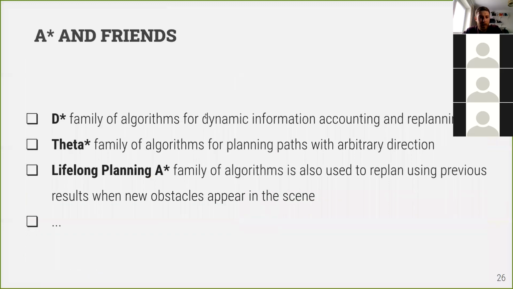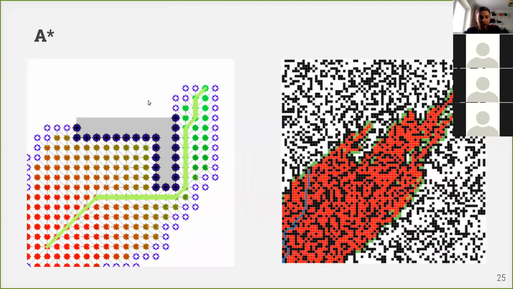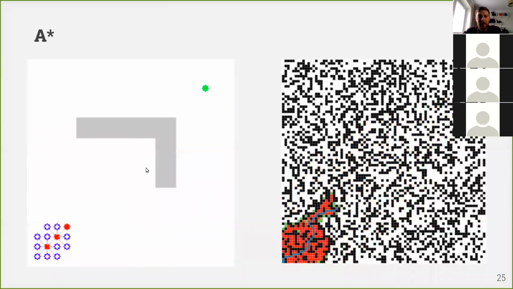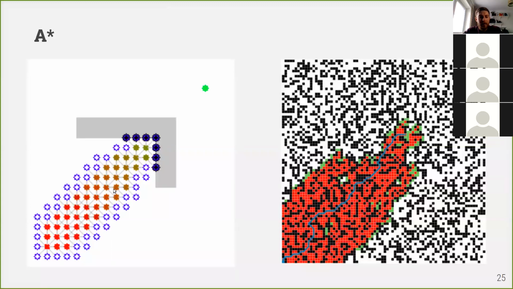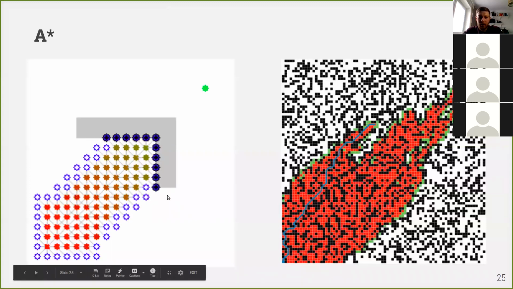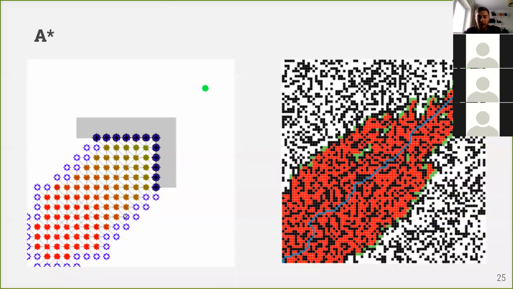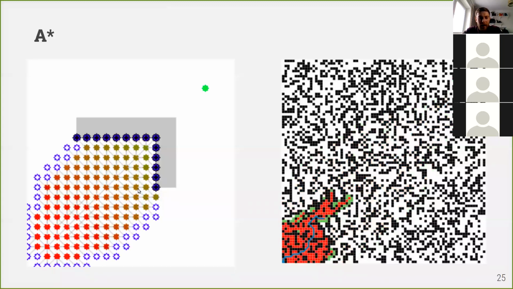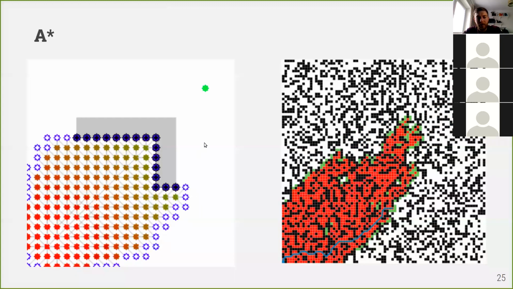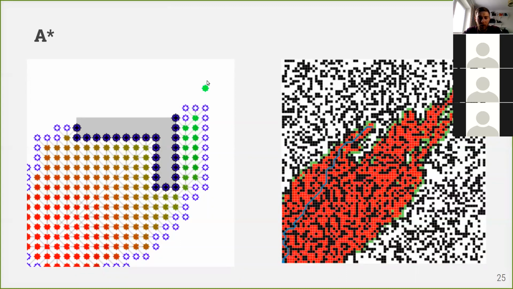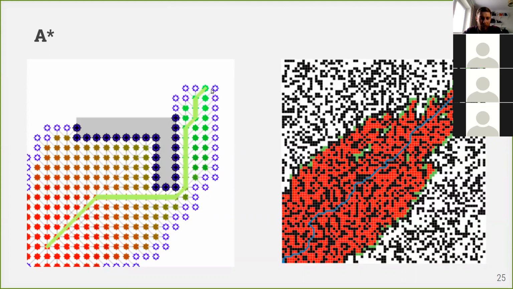So we were discussing D star. It can take dynamic obstacles, and the cool thing is that it uses prior information. It already discovered some space, and if there is new information, new obstacles, it doesn't start to plan from scratch. It reuses information it already has and just changes the weight of nodes around the obstacle and then further away to the goal point.